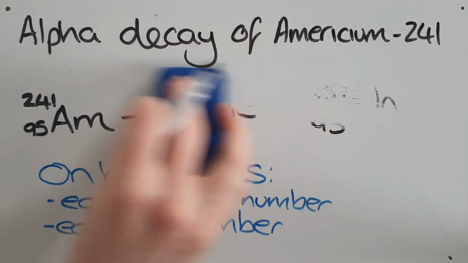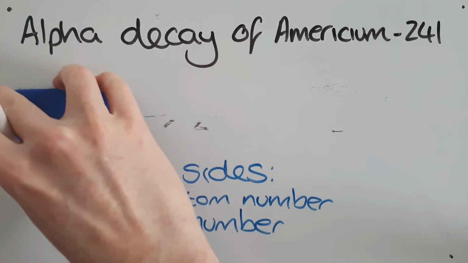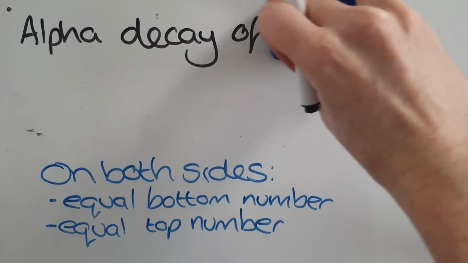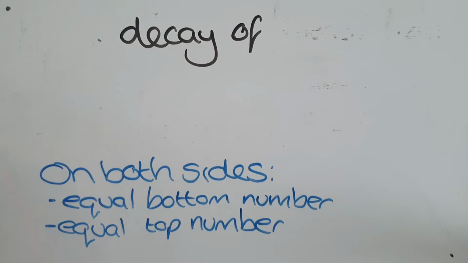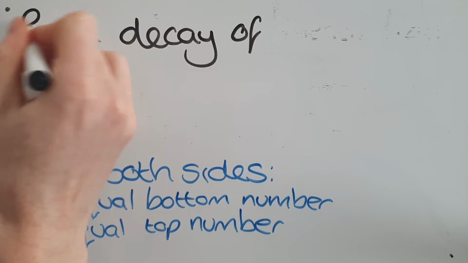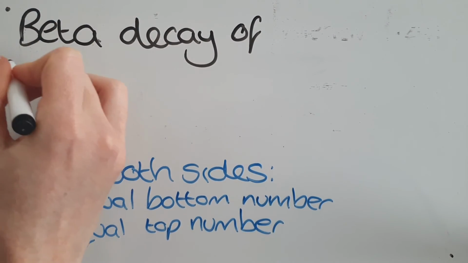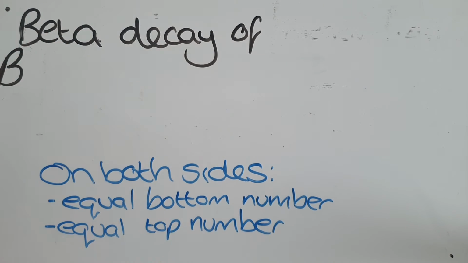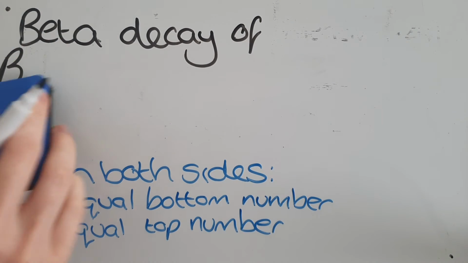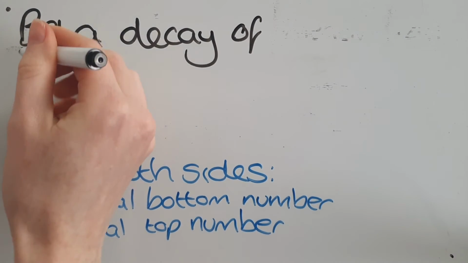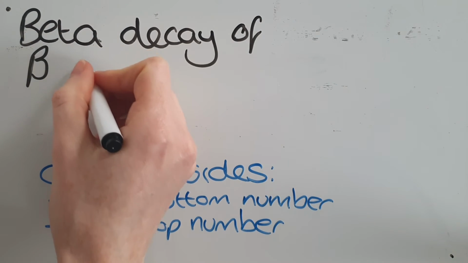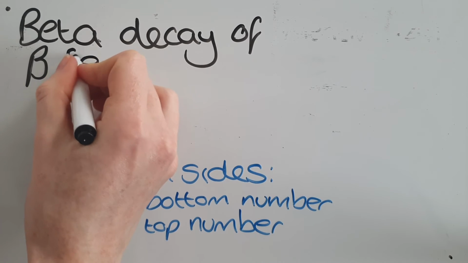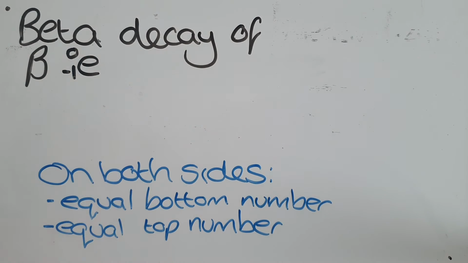So now what we're going to do is take a different example and have a look at beta decay. So we've looked at beta before. We know the symbol is either this, the capital B with the little kind of tail, or we also know it to be an electron. So the 0 up the top, -1 down the bottom.